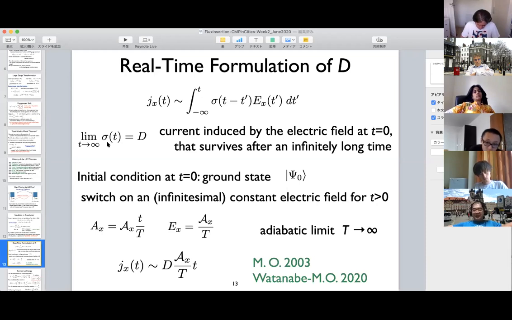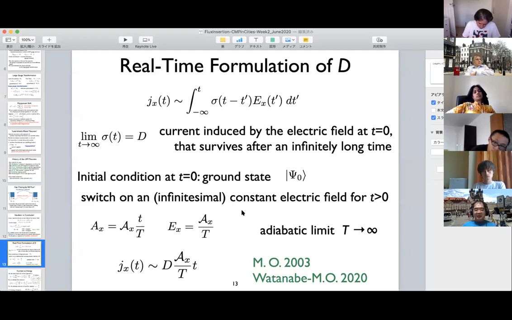But if your system has some relaxation, then after a long time, the system forgets about the applied electric field. So usually sigma t goes to 0 as you send t to infinity. But in a perfect conductor, once you apply an electric field, you create some current, and this current is perpetual. It's flowing indefinitely. So sometimes the limit of sigma t for t going to infinity is non-zero, and this is nothing but the Drude weight.